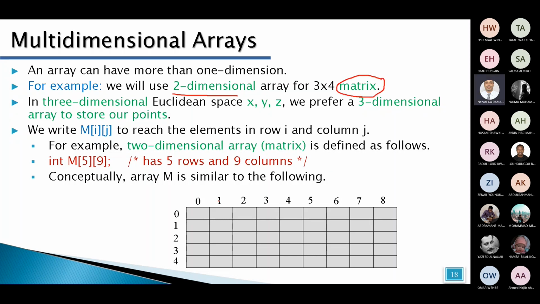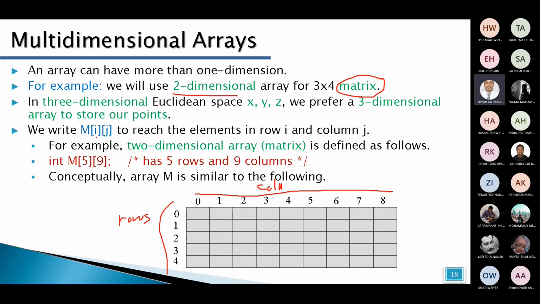We have rows and here we have columns. So if we have 2 dimension, rows and columns, this means it's 2 dimension, or it's named a matrix.